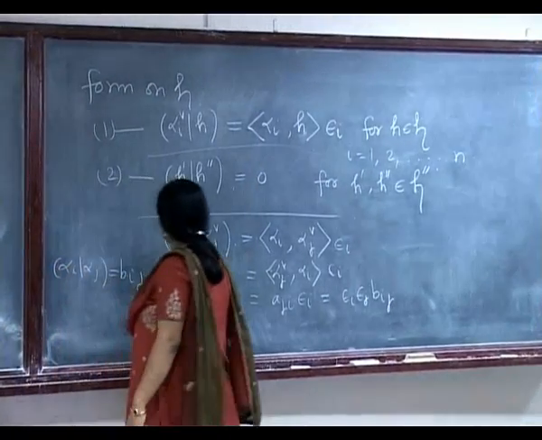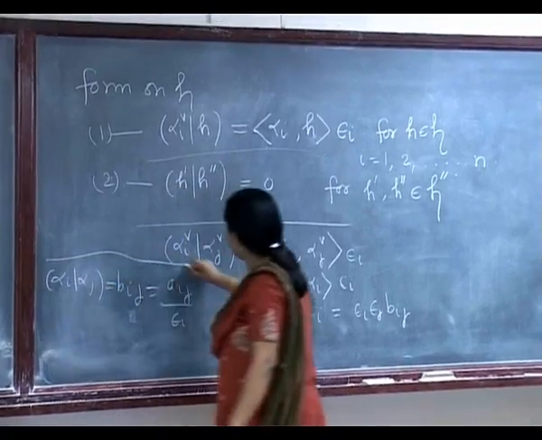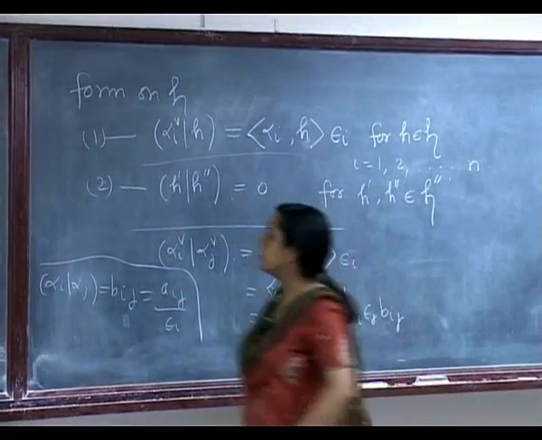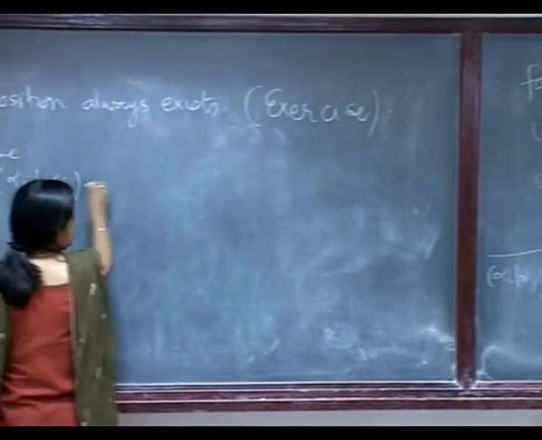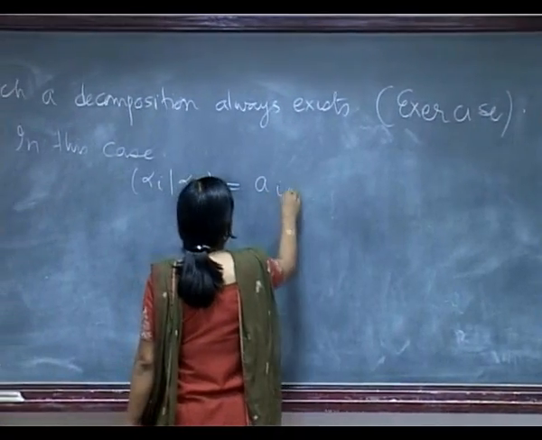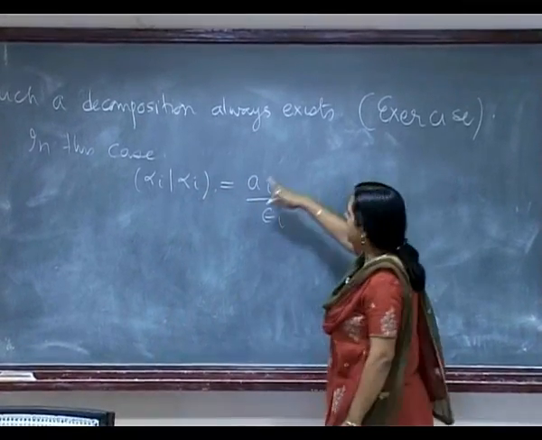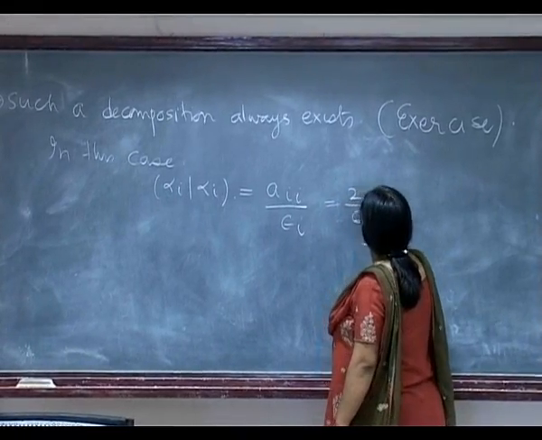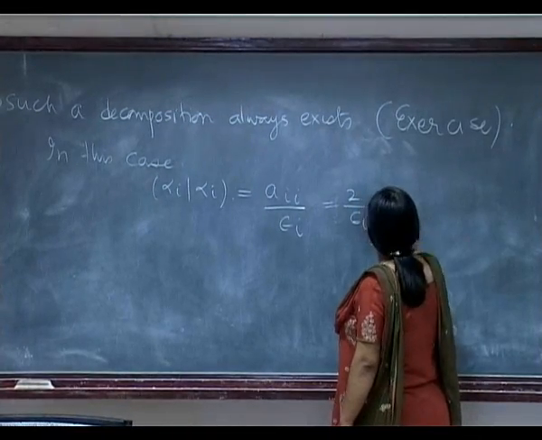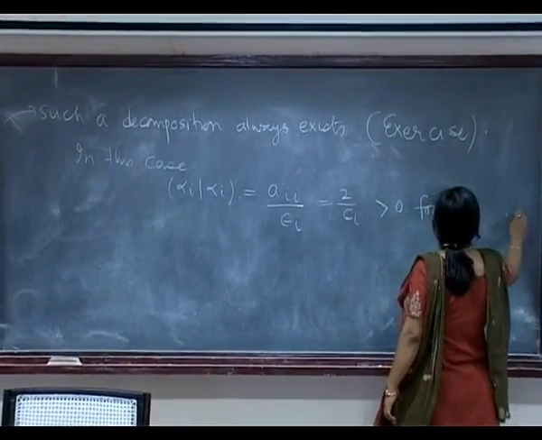So this is Aij upon epsilon I. From here alpha I with alpha I is aii upon epsilon I. aii is 2, so this is 2 upon epsilon I. This is positive, so this is greater than 0 for I varies from 1 to n.